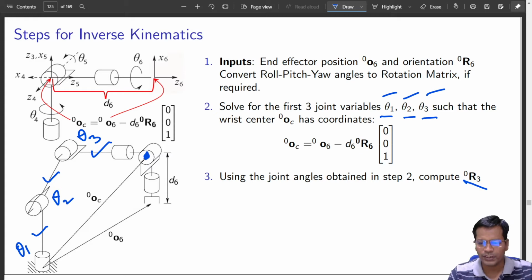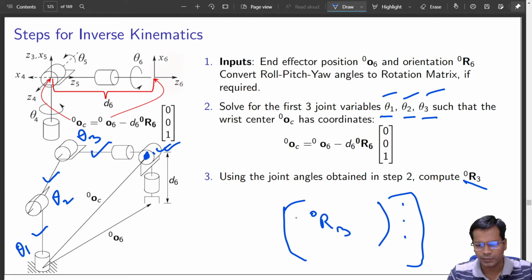Using forward kinematics, what all things will you get? You will get the position of this location, so that will come here. And 0R3, that is a 3 cross 3 matrix, will give you this. The rest is 0, 0, 0, next is 1. Done.